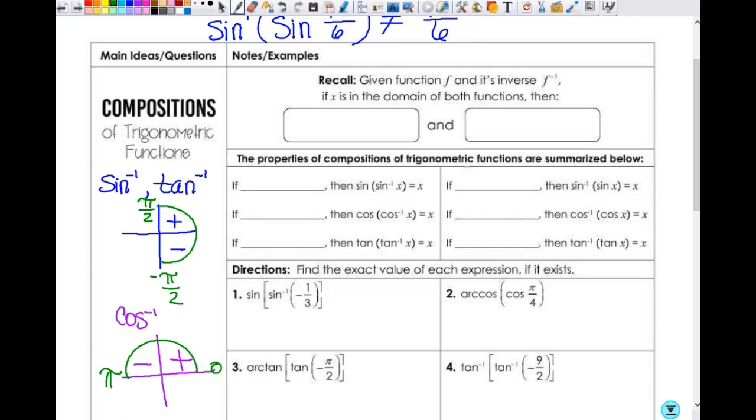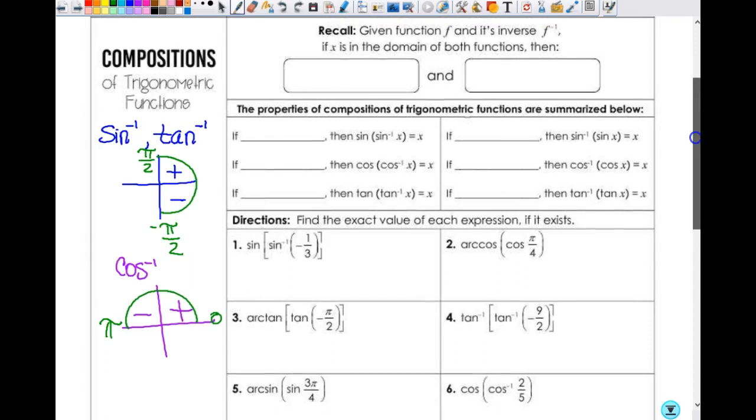Now, we know that we take the inverse, we switch x and y, all those beautiful things happen, but we also have an inverse, and it says recall, right? So we have some recall information here, that if I have f of the f inverse of x, it equals blank.